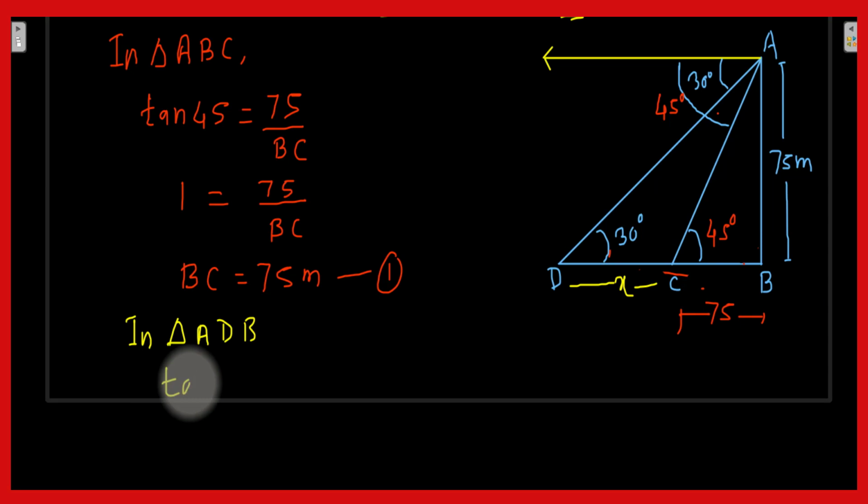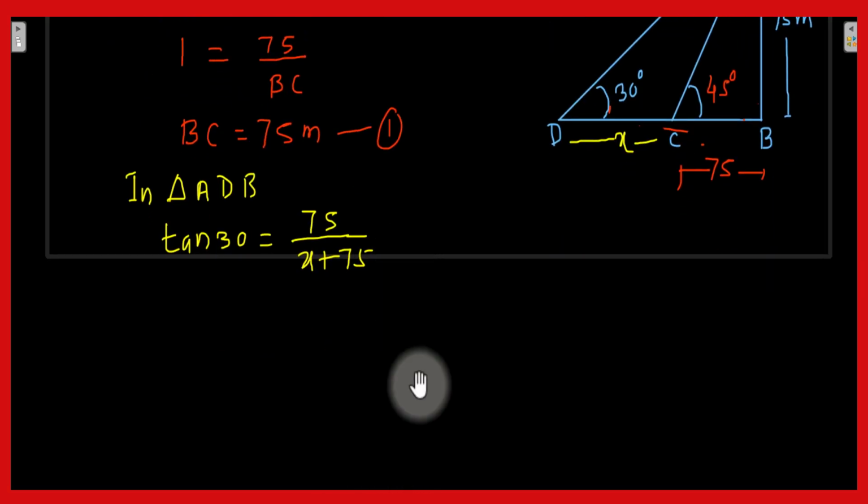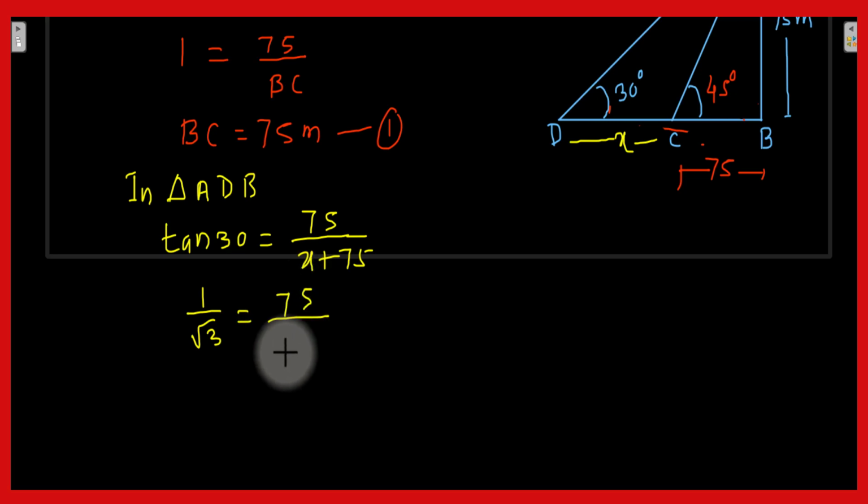So tan 30 is equal to 75 upon x plus 75 meters. So solve this further. Put the value of tan 30, that tan 30 is 1 upon root 3. So which is equal to 75 upon x plus 75.